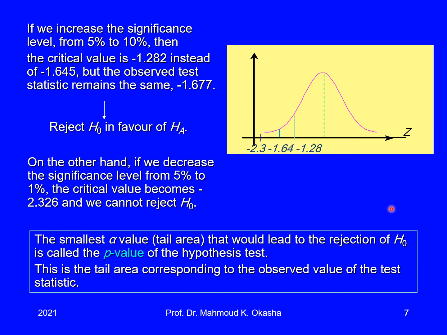So we usually reject the null hypothesis if the p-value is small, less than 10% or less than 5% or less than 1% or any other specified significance level. So if the p-value is less than the significance level, then we reject the null hypothesis.